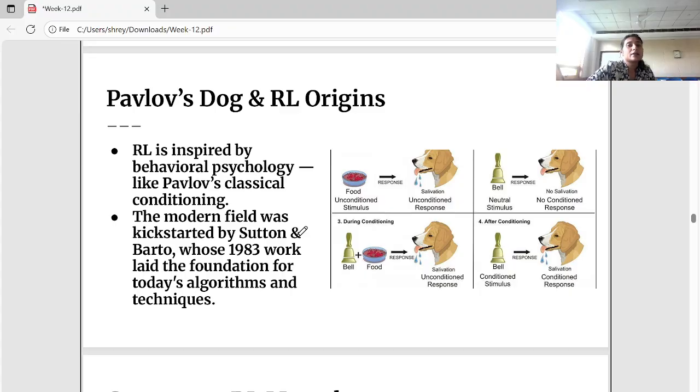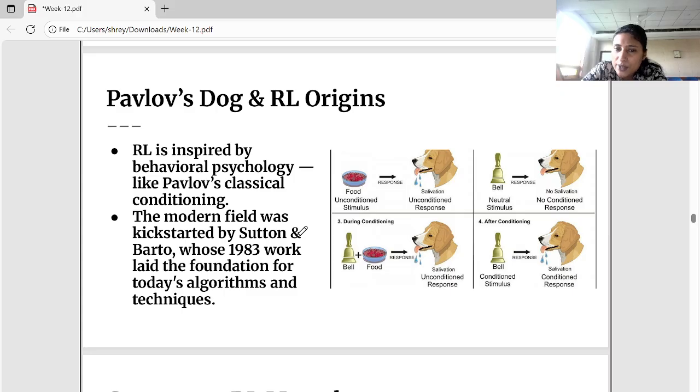So reinforcement learning's origins come from an experiment known as Pavlov's dog. This RL is inspired by behavioral psychology, like Pavlov's classical conditioning. In this experiment, there is a dog and there is food. The people keep this food in front of the dog.